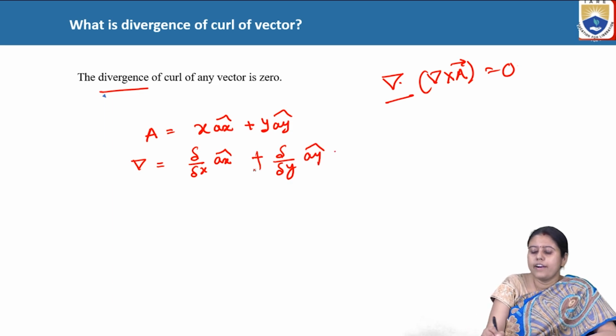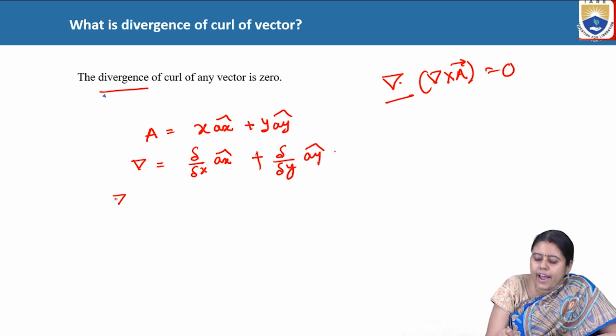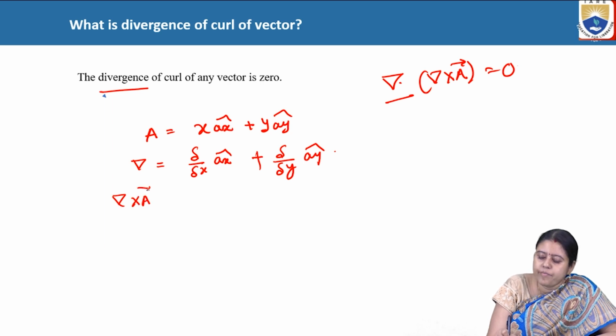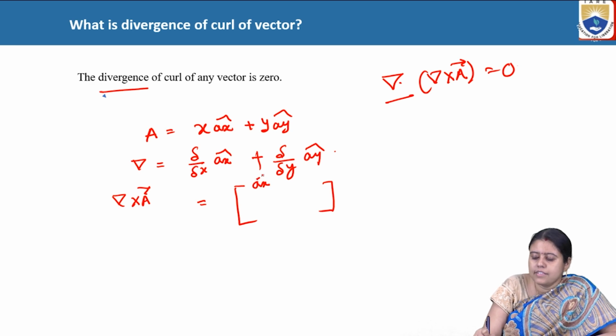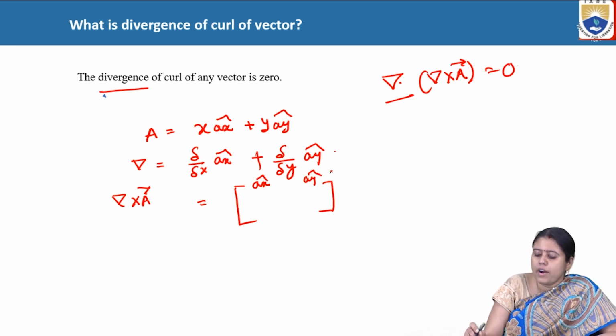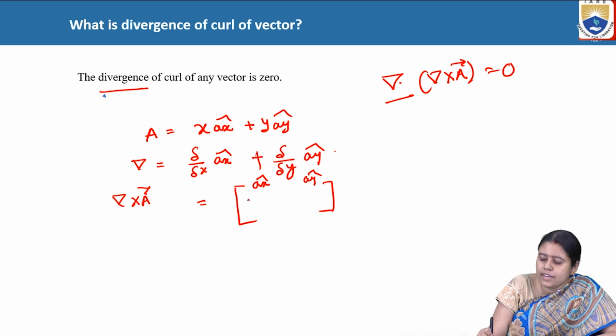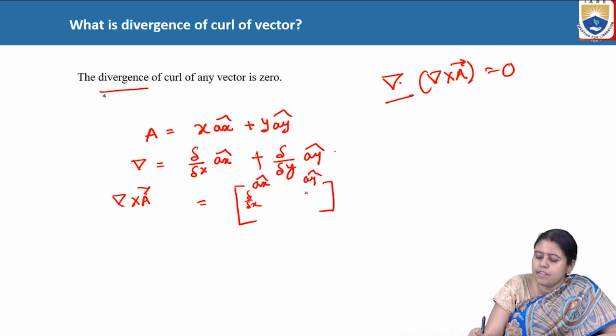So this is the grad. So how to write grad cross A? We can write it in vector format, with ax and ay in the first line, del by del x, del by del y in the second, and x, y.